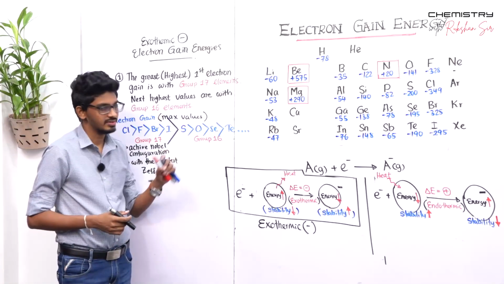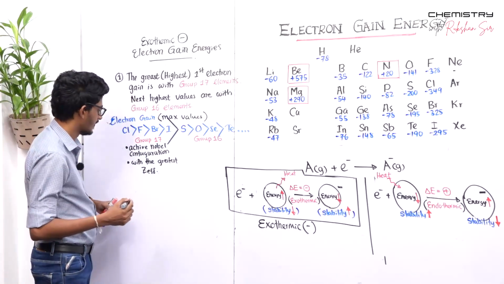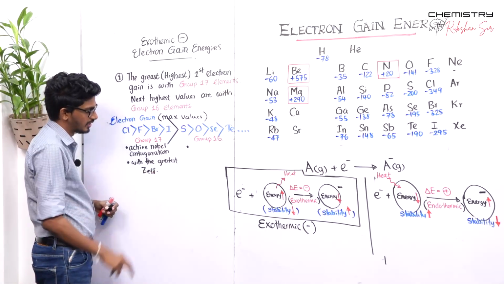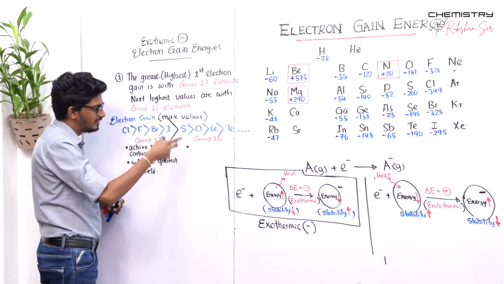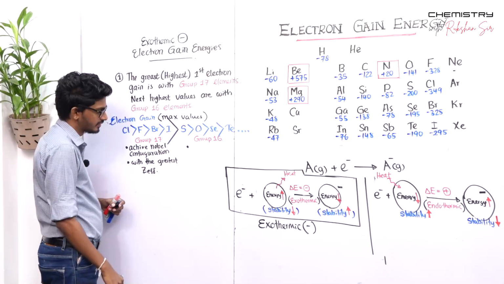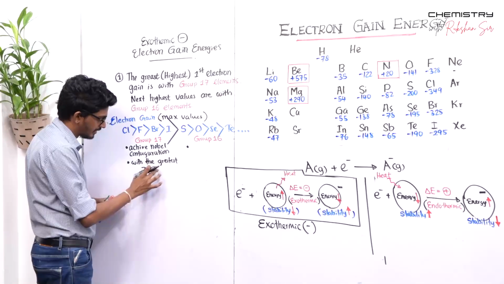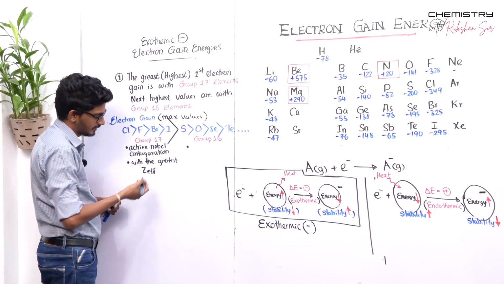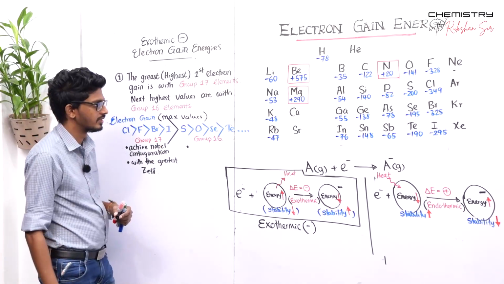Then comes group 16. Those guys have the second greatest effective nuclear charge, so they tend to attract electrons more easily than the others. This is the greatest effective nuclear charge concerning non-metals; we are not considering the noble gases.